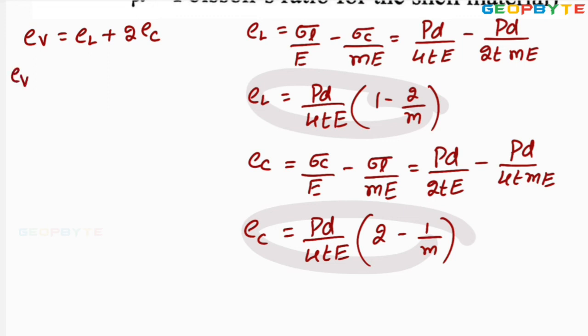Now volumetric strain equal to EL. EL equal to PD by 4TE into 1 minus 2 by m plus 2 times the EC.